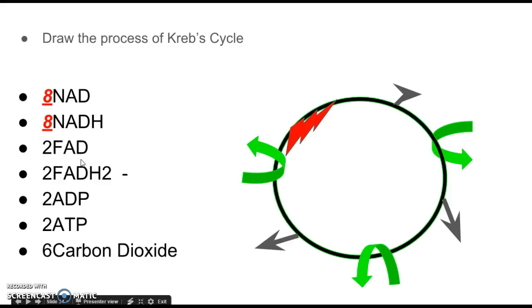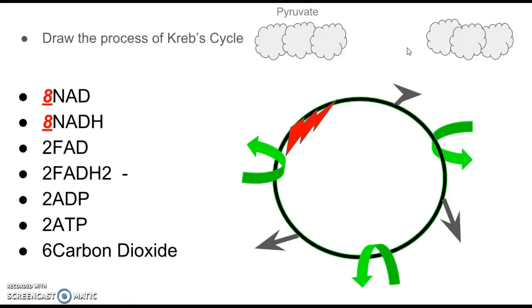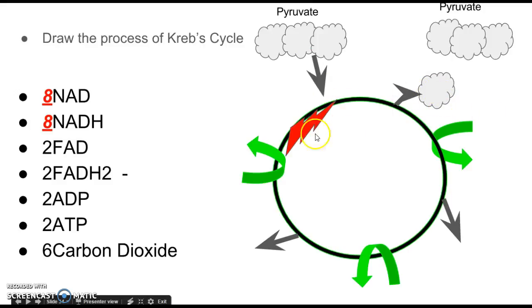What happens is the 3 carbon chain called pyruvate from our glycolysis will come into the mitochondria. As they come into the mitochondria, one of the carbon dioxides will be broken off by this enzyme called acetyl coenzyme A. This acetyl coenzyme A helps break the pyruvate into 6 carbon dioxides, so it will break off one.